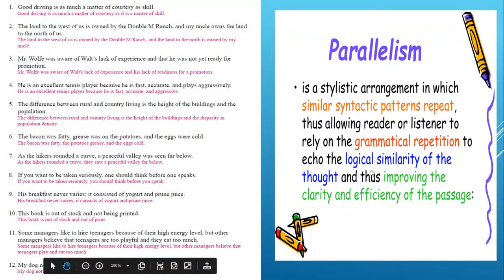Now, this is a stylistic arrangement where you have similar patterns in the sentences. For instance, if you have a sentence that is in the past tense, he broke the glass, then picked up, past tense, the pieces, and throw them in the garbage.